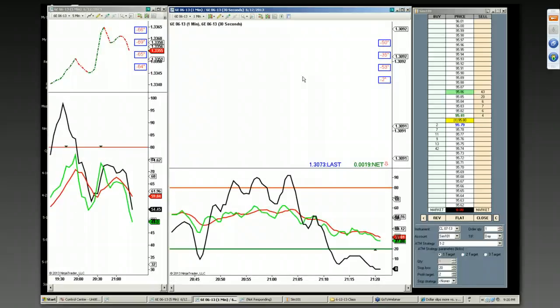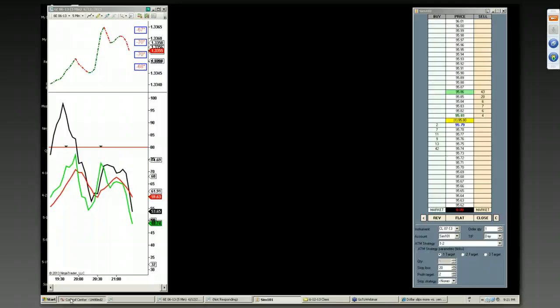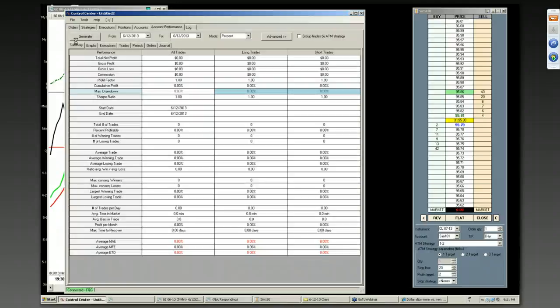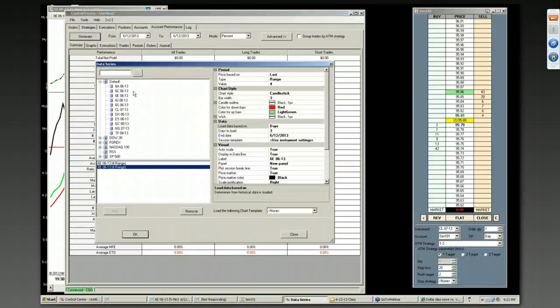Okay, so this is being a real stinker tonight. It's not loading my data. Why do I not find that remarkable? Okay, so here's what we're going to do. We're going to build the chart real quick. Let's see if it works if I use my template. Last week it did this too. Okay, so we've got to pick out 2 data series, and we want 6E, right? That's what we're trading. And we don't want range.